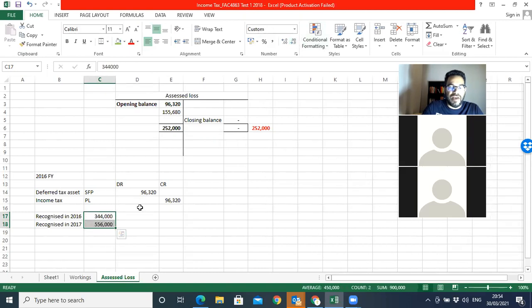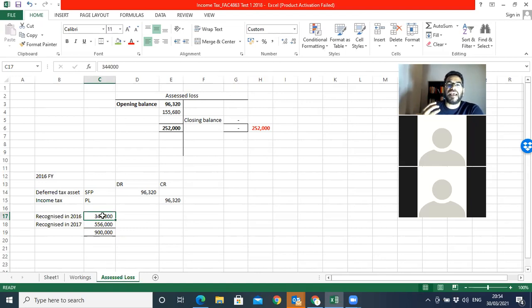If you add up the 556,000, I'm ultimately recognizing a deferred tax asset for the full 900,000 Rand. Last year, of the 900,000 Rand assessed loss, I recognized 344,000. Why? I could only limit it to what I had as a deferred tax liability.